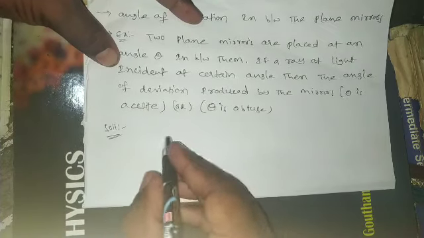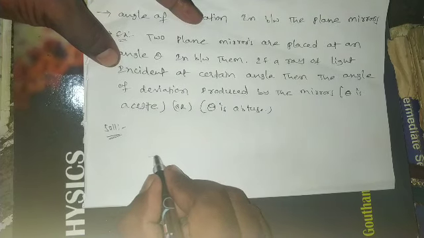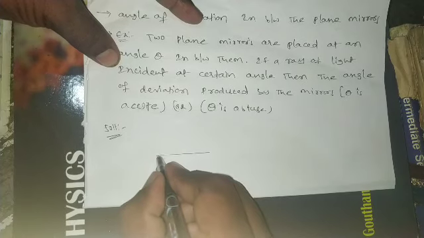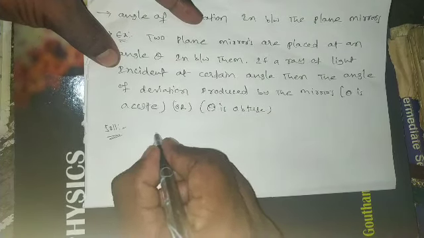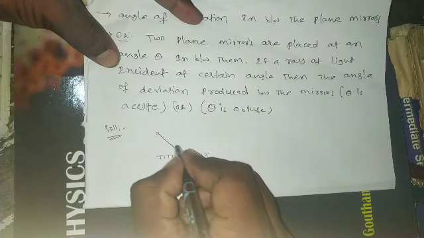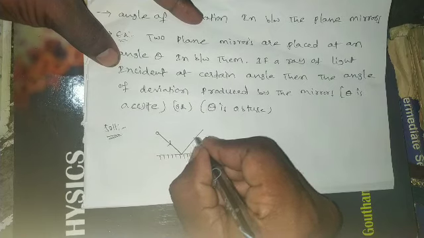First of all, what did we discuss in the previous class? This is one mirror. When a ray of light coming from various directions is incident on a plane mirror, it will be reflected.